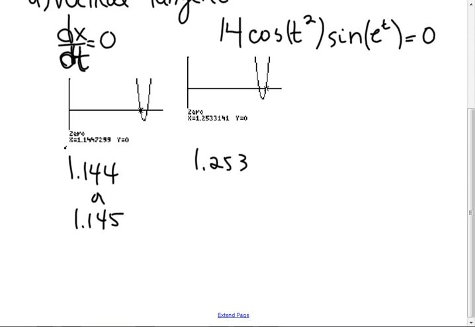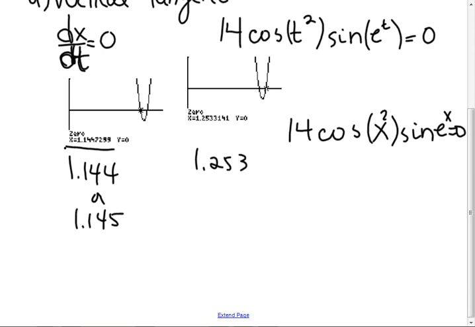This is the x value. I want to find, and in this case, it's the t value, because I graphed this. That's a good question. It's 14 cosine, because they're dummy variables, x squared sine of e to the x equals 0. Those are my two values. These are the x values, in which case they're actually the t values, because that's what it asks for. It says, find all values of t.